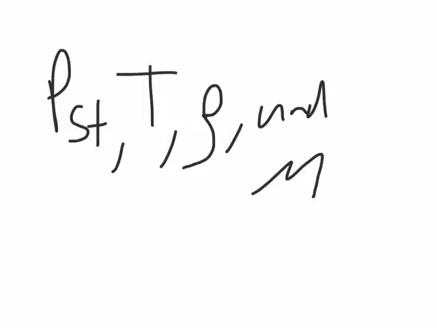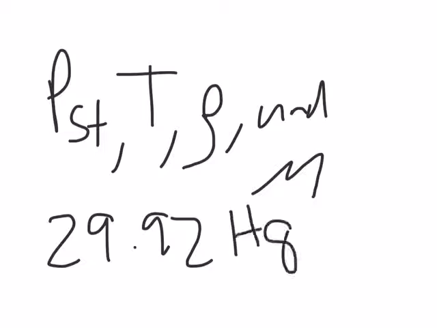Pressure ratio is always going to be based on 29.92, so this is your standard pressure for standard atmospheric conditions. Most of the time you'll see this used a lot in aerodynamics, especially when we're doing computations, because it makes it easier to do the mathematical computations when we're using 29.92.